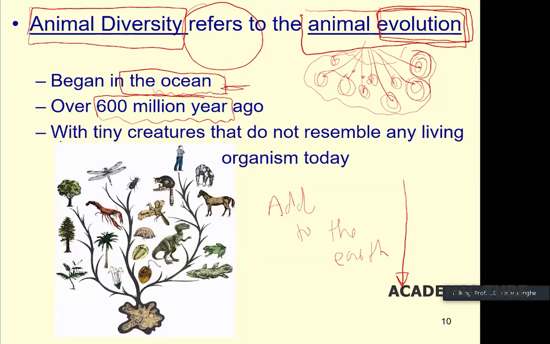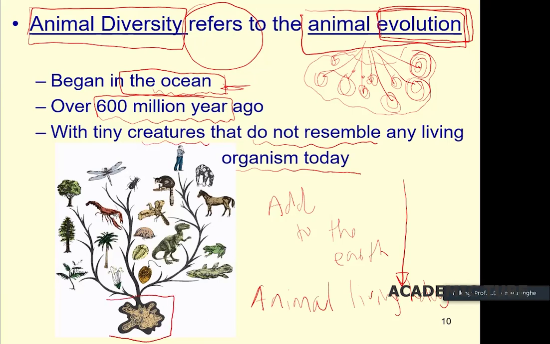That particular creature does not resemble any living organism living today. It originated in the ocean 600 million years ago and does not show any similarity to the animals living today. Somewhat different. Okay.